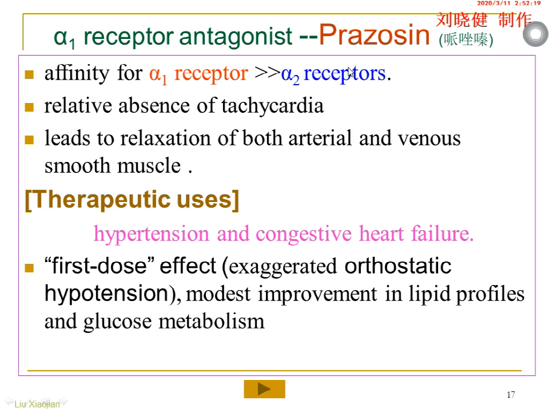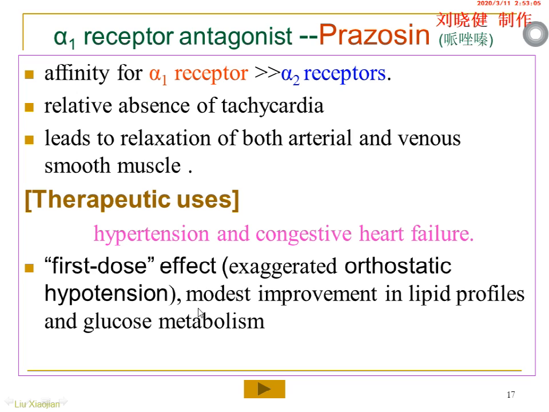After using prazosin in the treatment of this disease, especially after the first dose, the first time of administration, it also induces orthostatic hypotension. It also means postural hypotension. It can exaggerate this, so try to avoid it. So suggest the patients administer this drug the first time before sleeping.